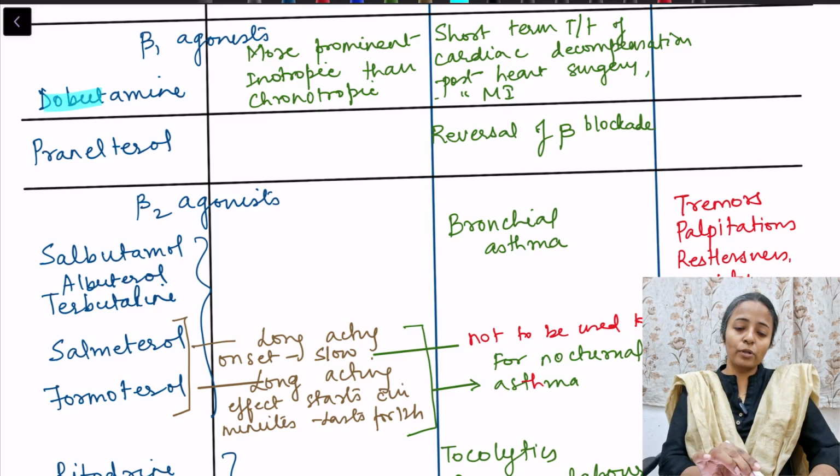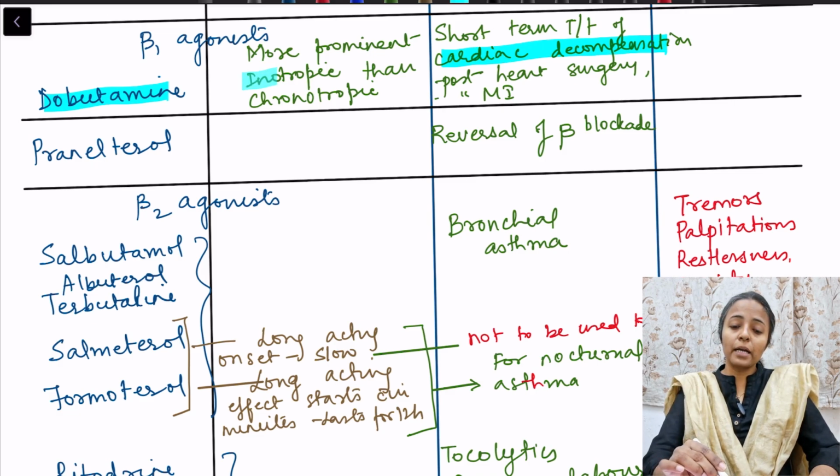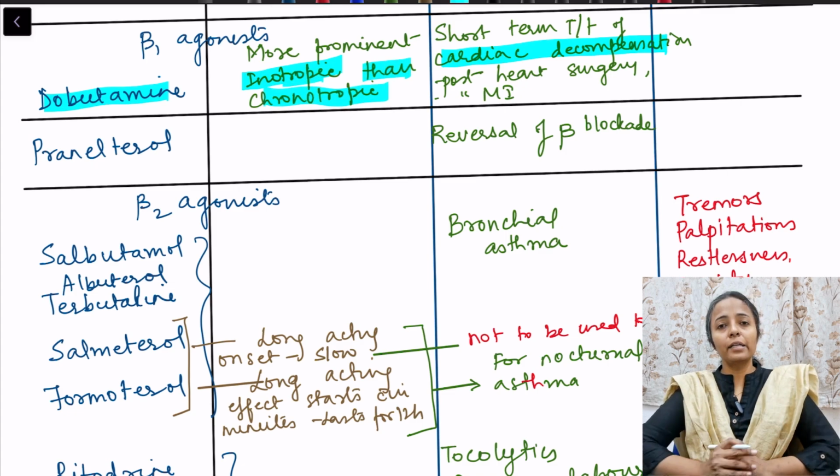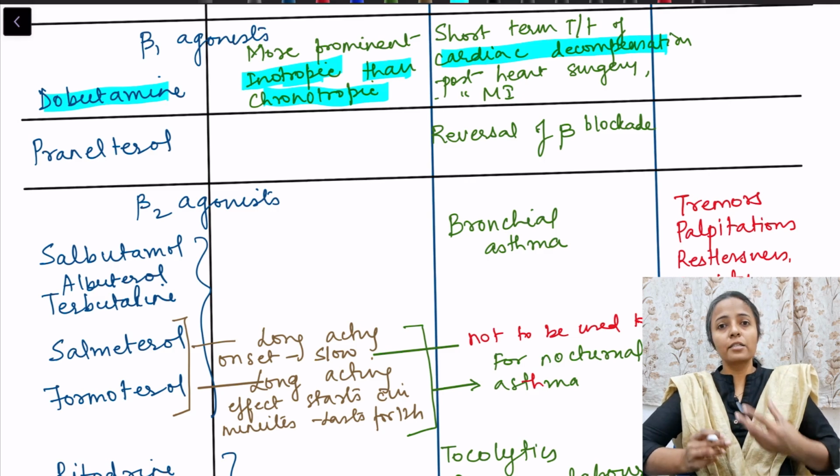We have dobutamine. Dobutamine, I told you that it is used for short-term treatment of cardiac decompensation, post-heart surgery or MI. And why is the reason? Because it has more prominent inotropic action than chronotropic. See, when heart rate increases, then oxygen demand by the heart increases too much.